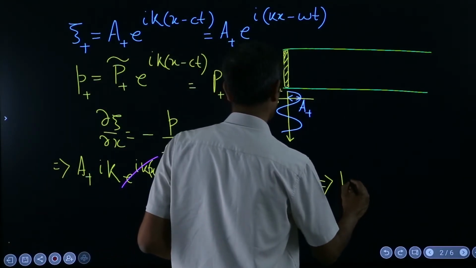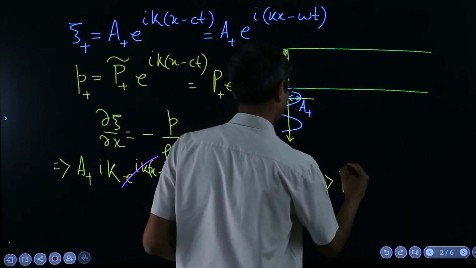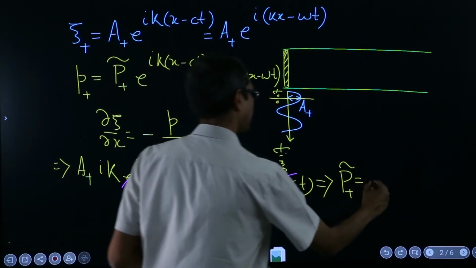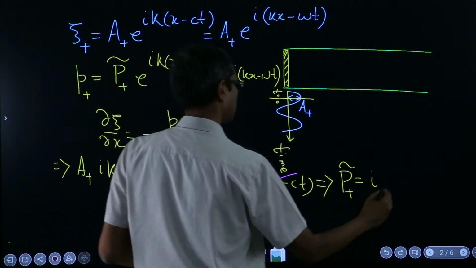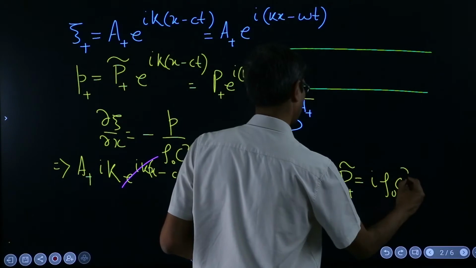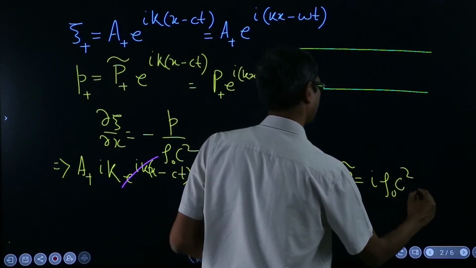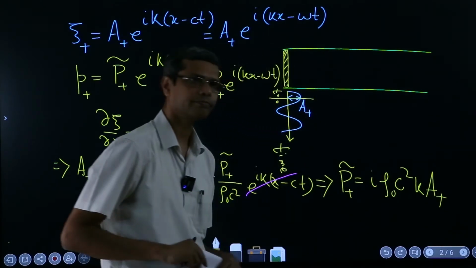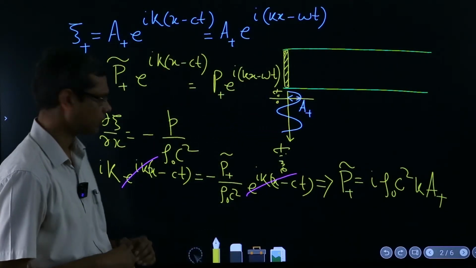P plus is equal to i rho naught c square k a plus, right?